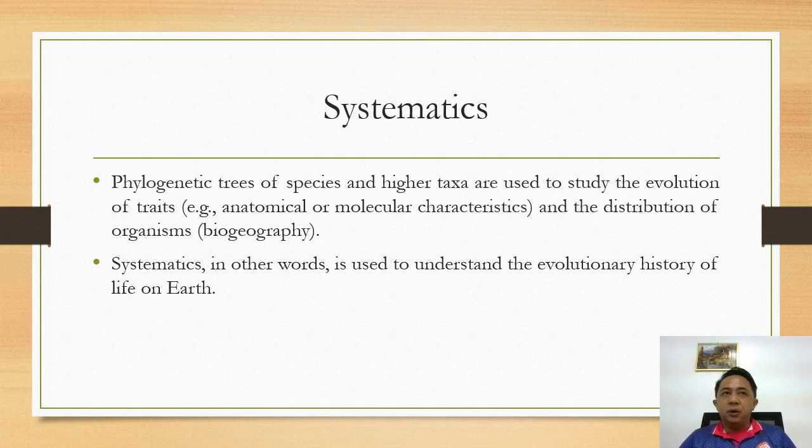But if it only infects a small area or a particular area, it is only considered as an epidemic. But with regards to your COVID-19 virus, it is already pandemic because it is all throughout the globe. Okay? And then your systematics, in other words, is used to understand the evolutionary history of life on Earth.